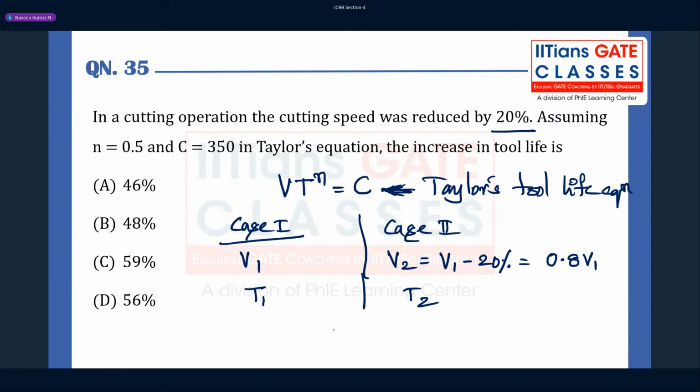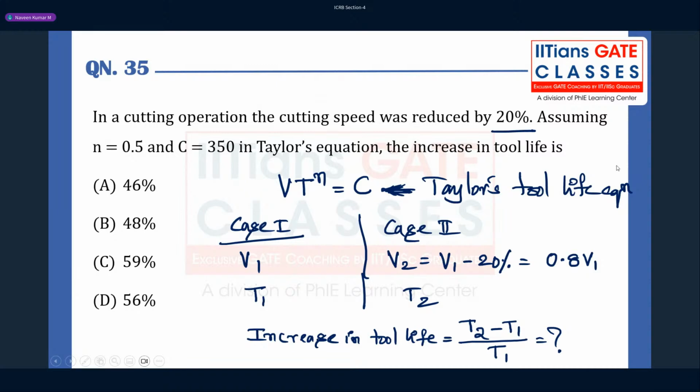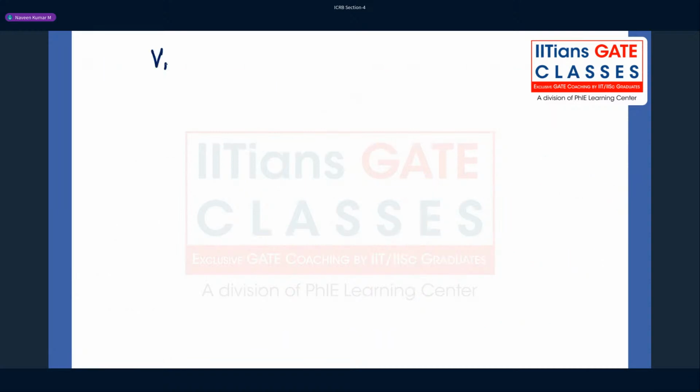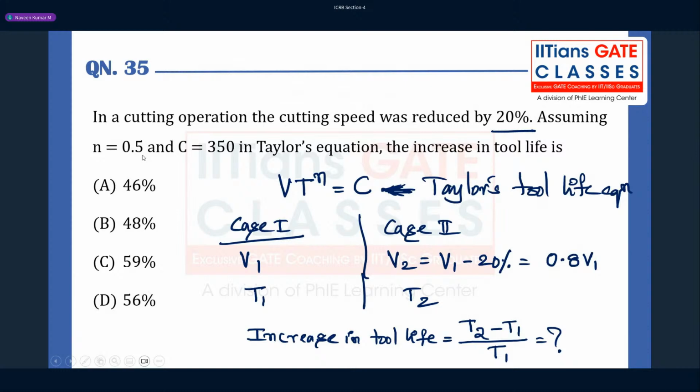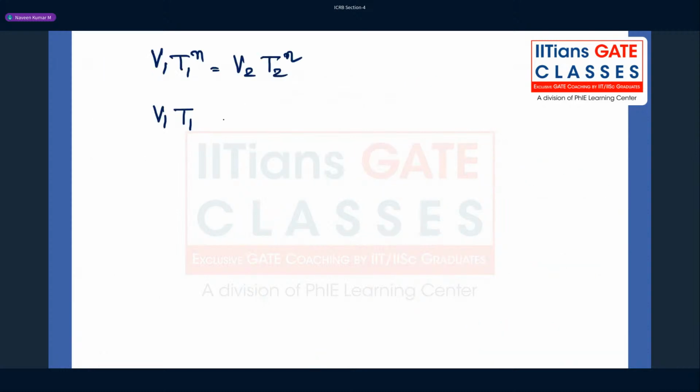The increase in tool life is given by the formula T2 minus T1 divided by T1. Let's do that. V1 T1 power n is equal to V2 T2 power n. The value of n is given as 0.5.